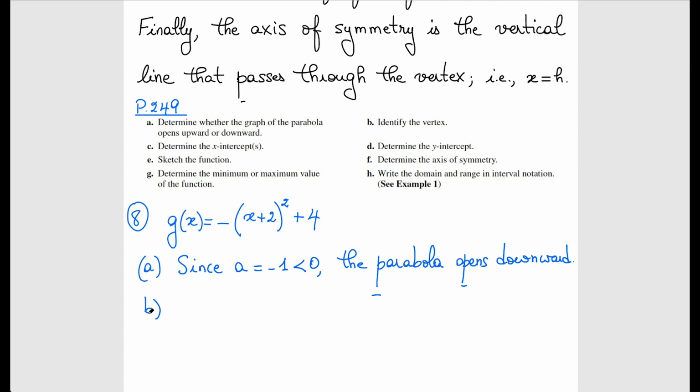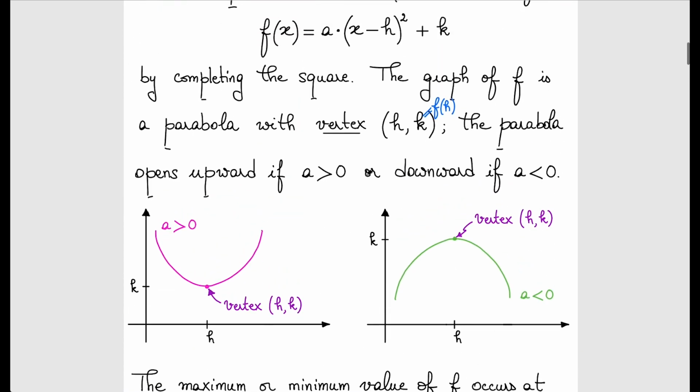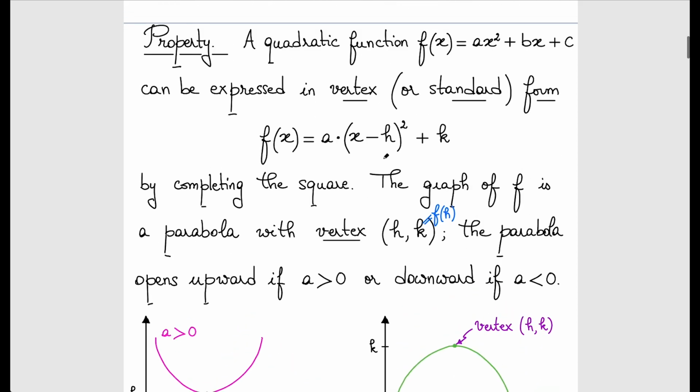So part B, identify the vertex. So let's revisit the property, the theoretical aspect. Whenever you write it in vertex form, you've given yourself the vertex, and the vertex is h, which is this guy as long as there's a minus in front, and k, the second coordinate, as long as there's a plus here, correct?